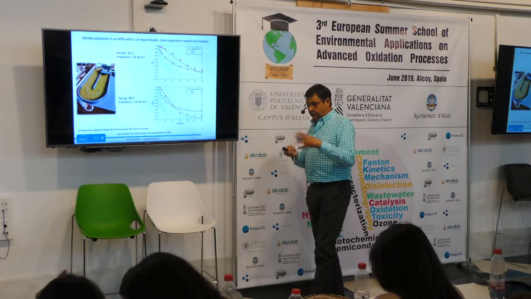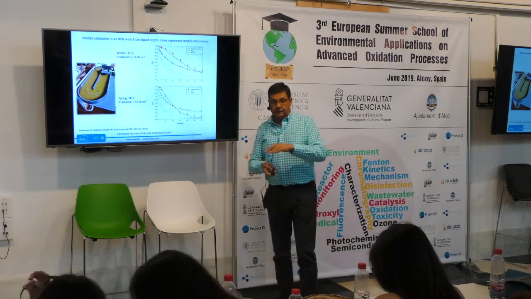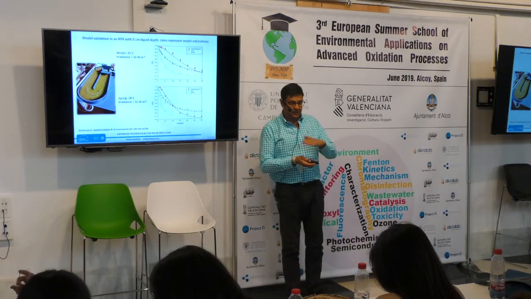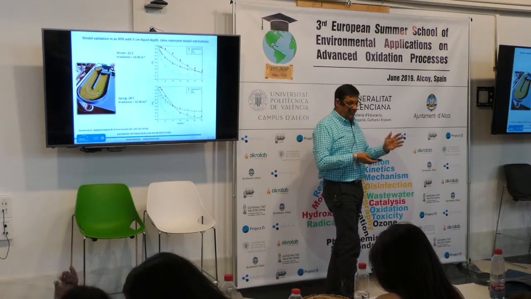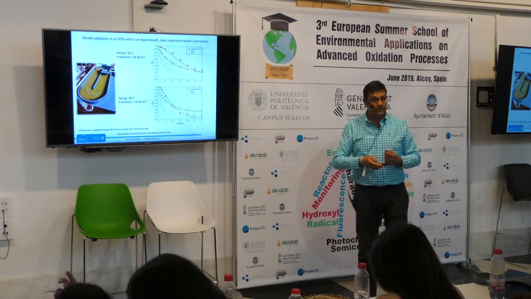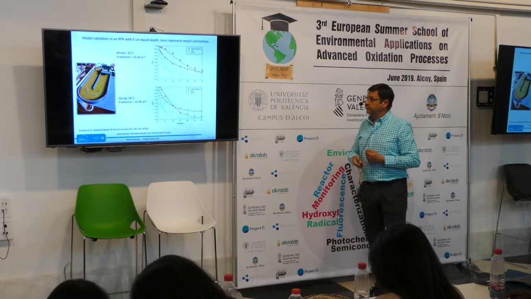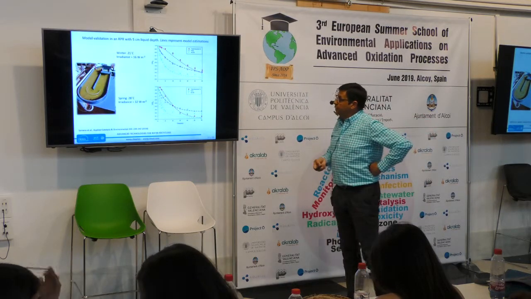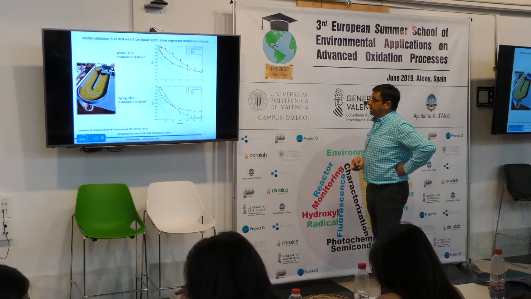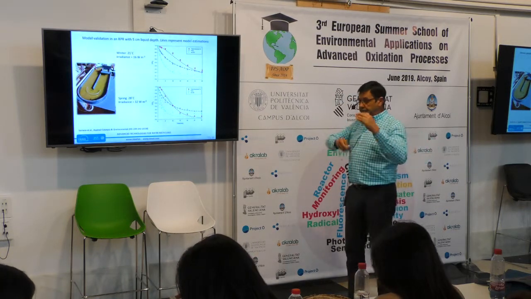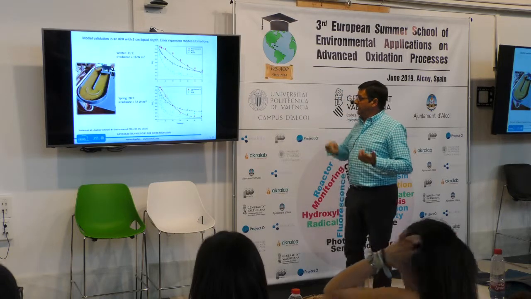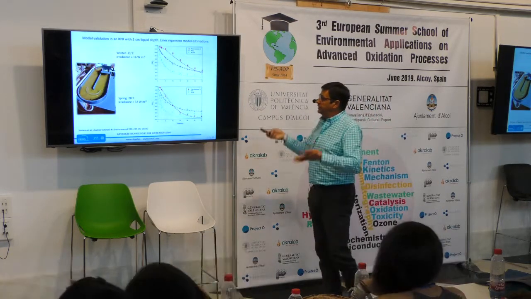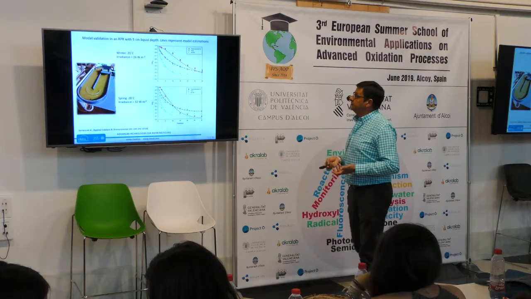Once we have the model in the stirred-tank reactor at lab scale, we need to validate the model, following the lesson by Professor Marugán. In this case, the model was validated in a raceway pond reactor with 5 centimeter liquid depth in 2 different seasons, winter and spring, with different temperatures and different irradiances.